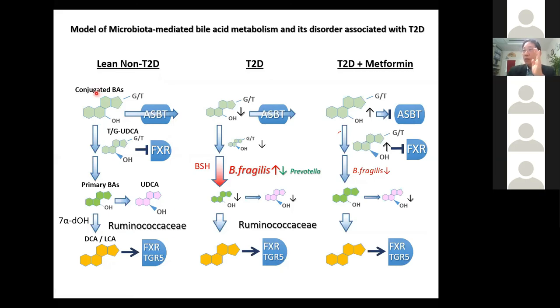The conjugated bile acids are secreted from the liver, and by the functionality of the commensal bacteria, they are deconjugated, and deconjugated bile acid is converted to UDCA or 7-alpha dehydroxylated bile acid. So this is the final end product of the bile acid.